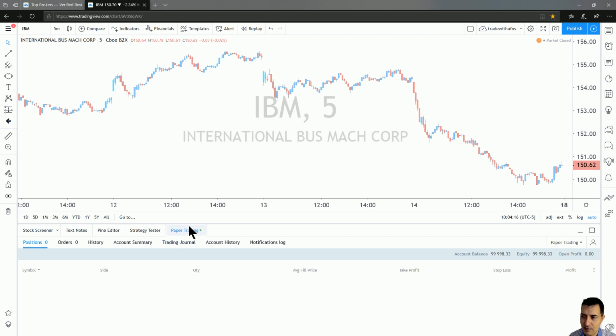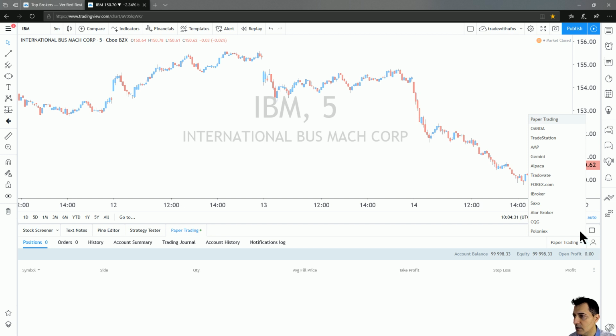When you click on it, a bottom window opens, and here on the right, where we see the words paper trading, notice there is a drop-down menu. You see the little down arrow. If you click on it, it gives you a list of all the different brokers available. Notice that Oanda and forex.com are forex brokers.